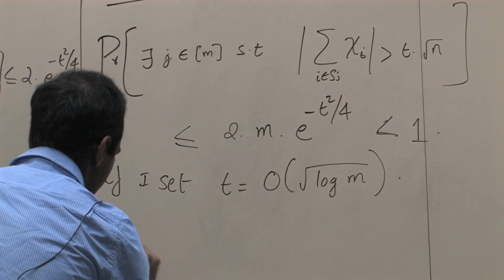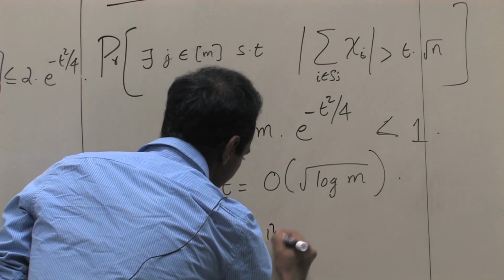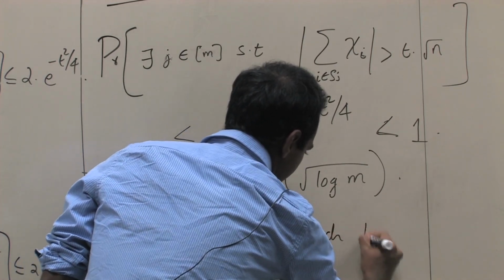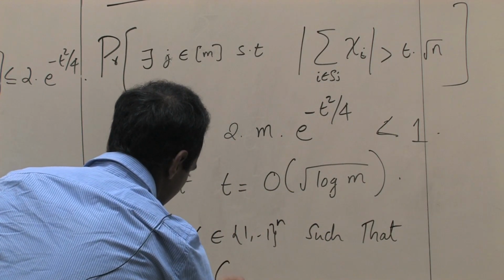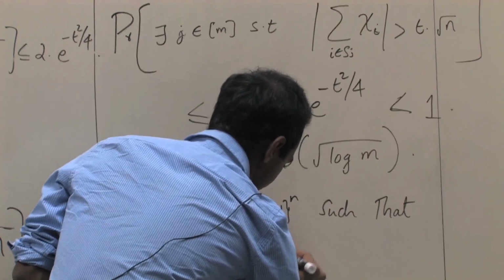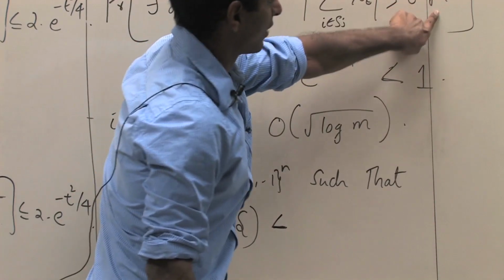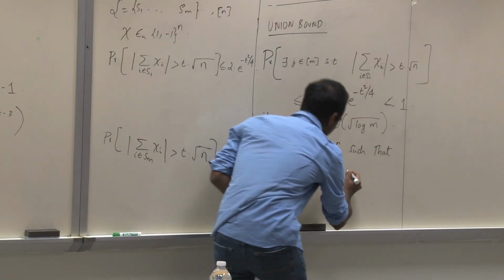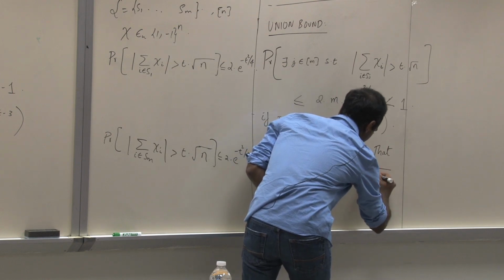So this implies there exists chi belonging to {1, -1}^n such that the discrepancy of the set system under the coloring chi is less than, so t was O of square root log m, and we have a square root n bound here, so we get O of square root n times square root log n.